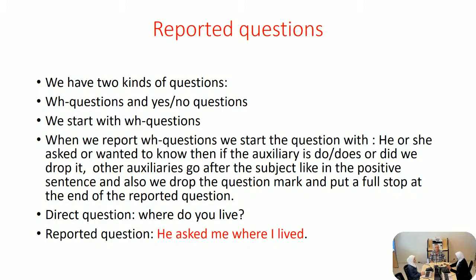Other auxiliaries go after the subject, like in the positive sentence, and also we drop the question mark and put a full stop at the end of the reported question. For example, direct question, where do we live? Reported question, he asked me where I live. You became I. Do is dropped, and the verb live in the present becomes past, and it is where I lived.